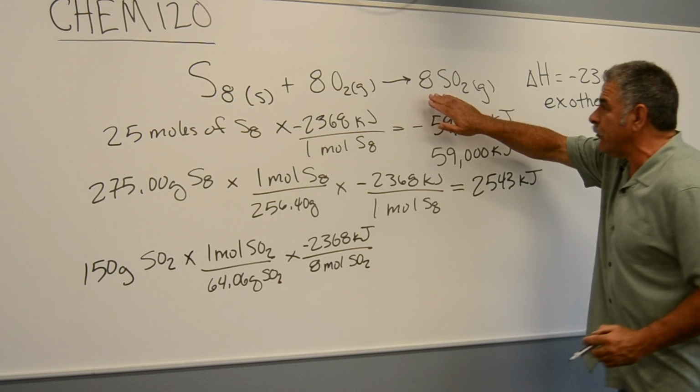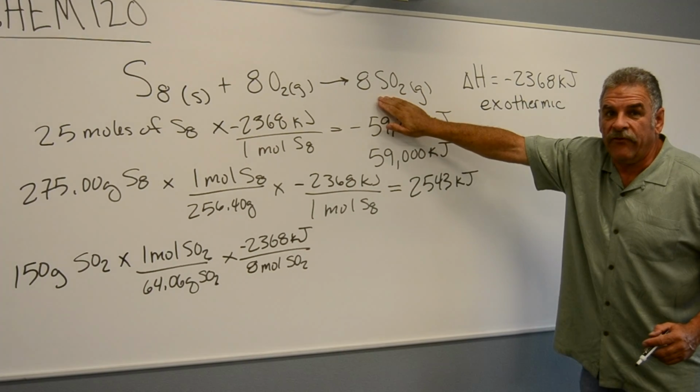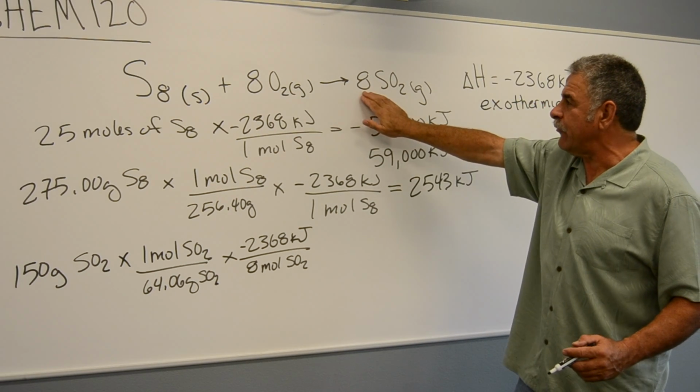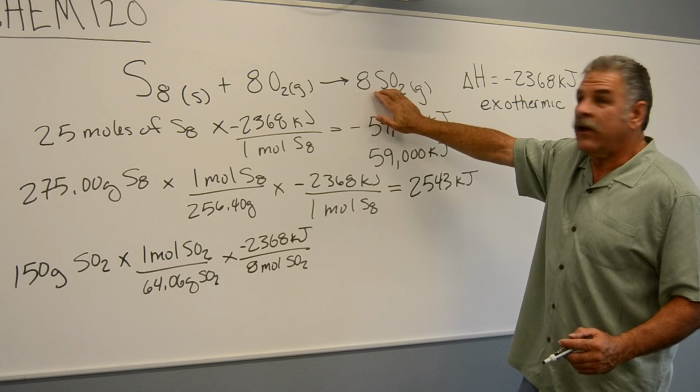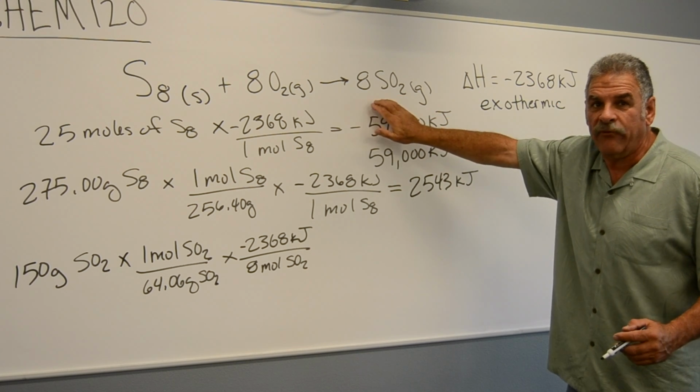Because the stoichiometric ratio to get this much energy is 8 moles of SO2. That's what our whole number ratios tell us about this reaction. And since we're looking at the product, to get this amount of energy to use as a conversion factor, you have to have 8 moles of product.